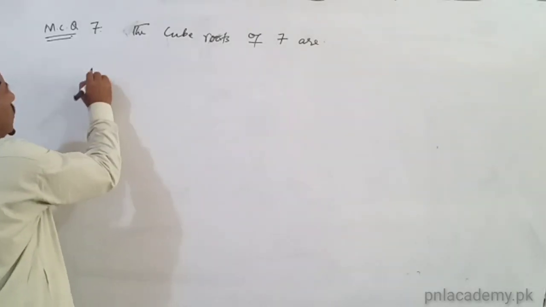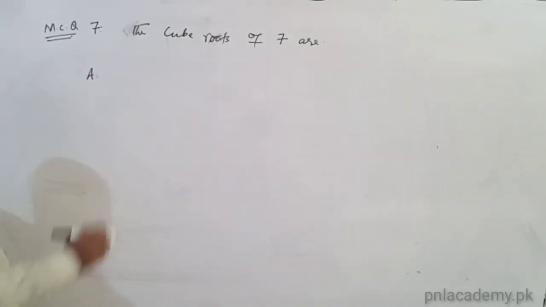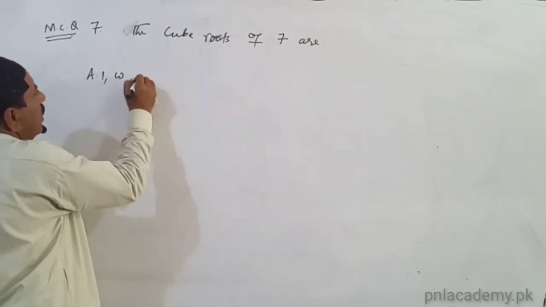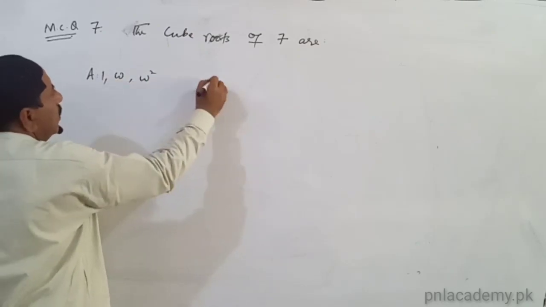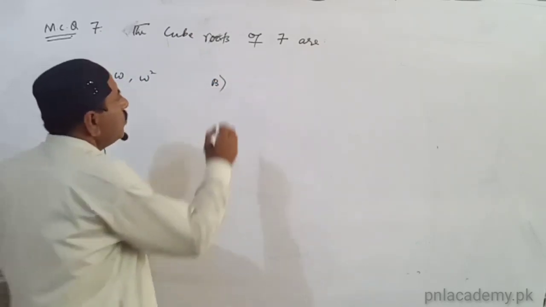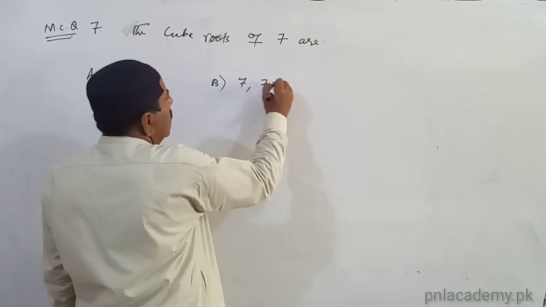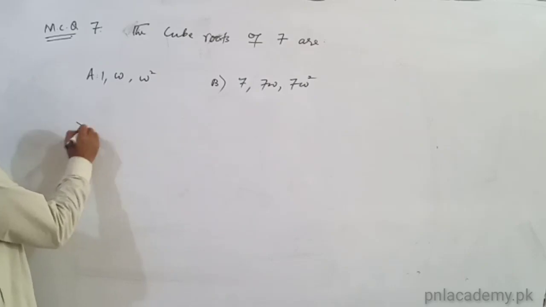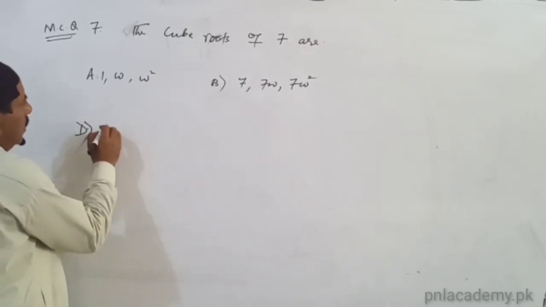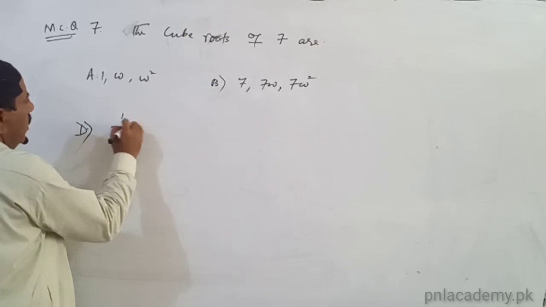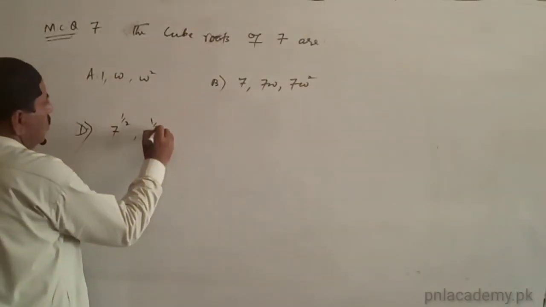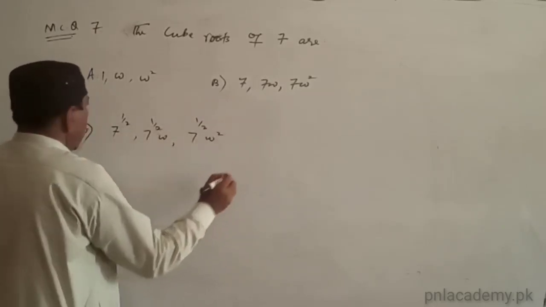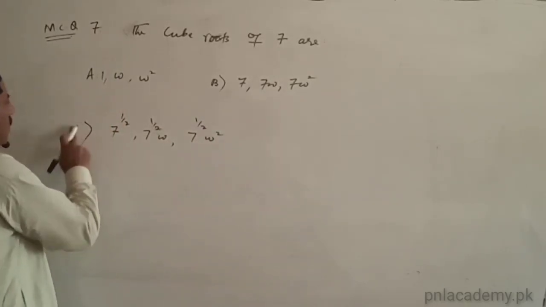A is the option: omega, 1, omega square. B is the option: 7 omega square. C is the option: 7 power 1 upon 2, 7 power 1 upon 2 omega, 7 power 1 upon 2 omega square.